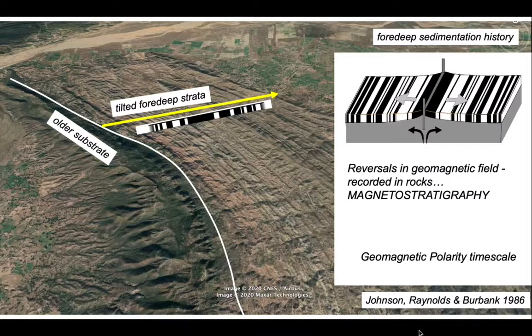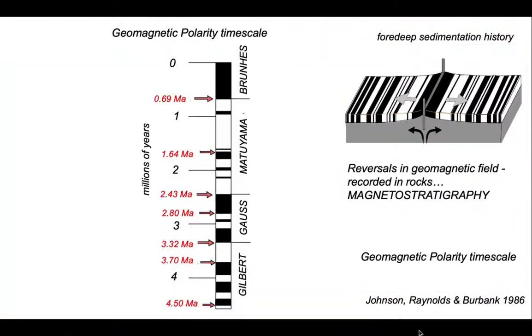The ocean floor basalts record the reversals in the geomagnetic field. And the same is true for sedimentary rocks or lavas, or anything that accumulates in a sequence should show the same record of reversals. And this has been calibrated against absolute geological time.